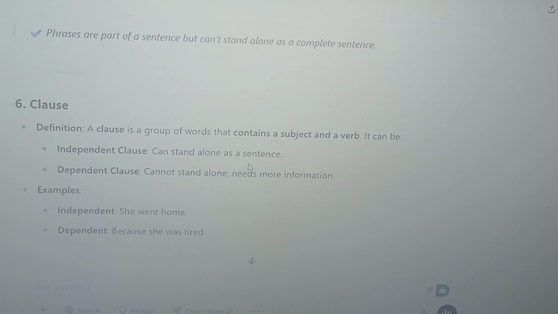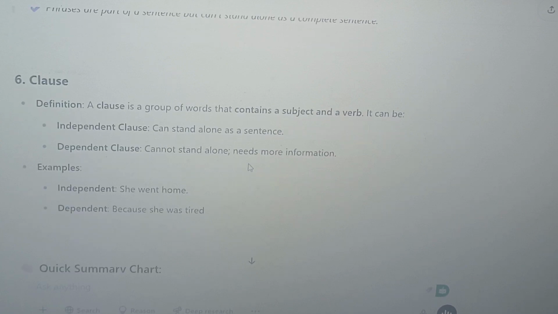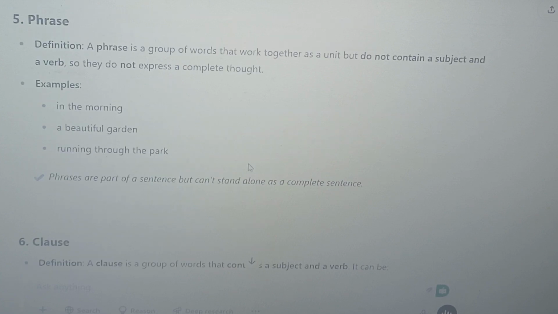So what is a clause? A clause is a group of words that contains a subject and a verb. It can be an independent clause, which can stand alone as a sentence, or a dependent clause, which cannot stand alone and needs more information. Independent clause: she went home. Dependent clause: because she was tired, she went home. So we see the difference between phrases and clauses. A phrase is a group of words that work together as a unit but do not contain a subject and a verb.